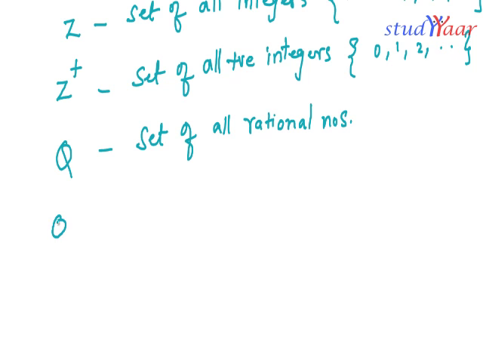Then we have the set of all positive rational numbers, represented by Q plus.